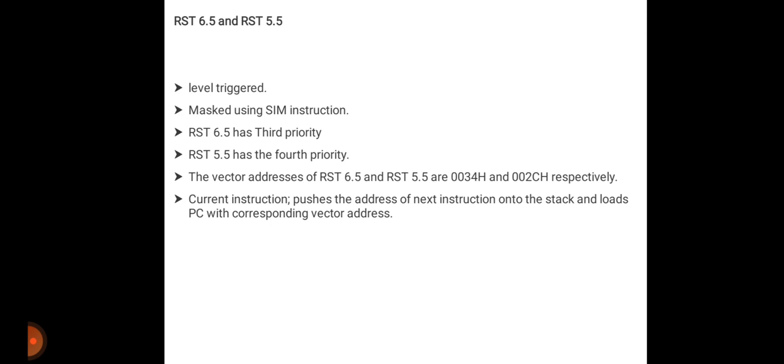After recognition of RST 6.5 and RST 5.5, the 8085 completes its current instruction, pushes the address of the next instruction on the stack and loads the program counter with the corresponding vector address.